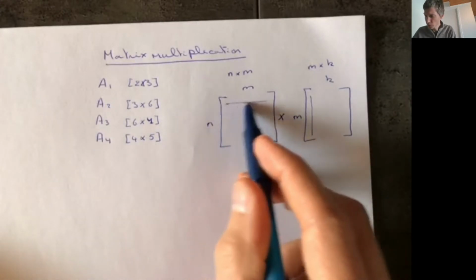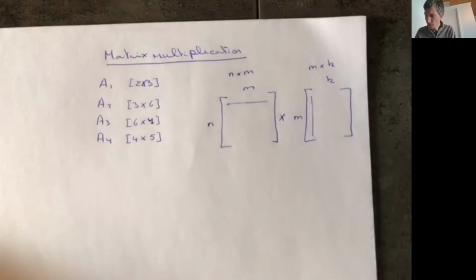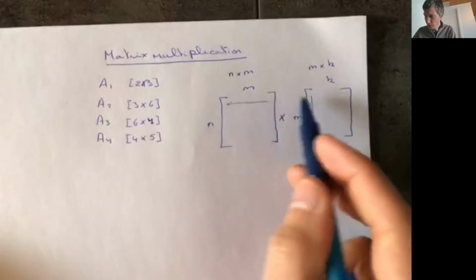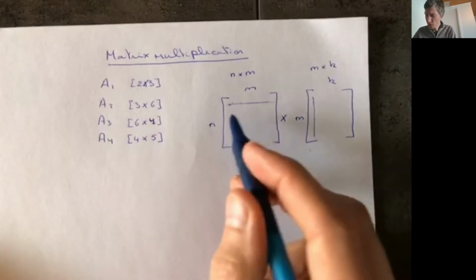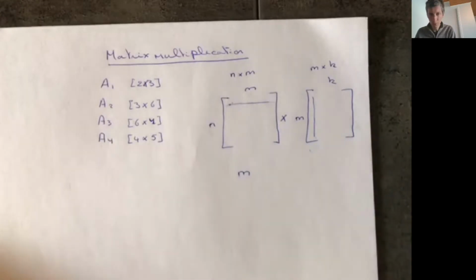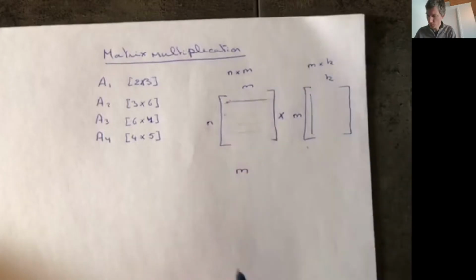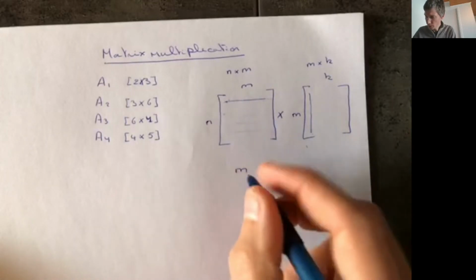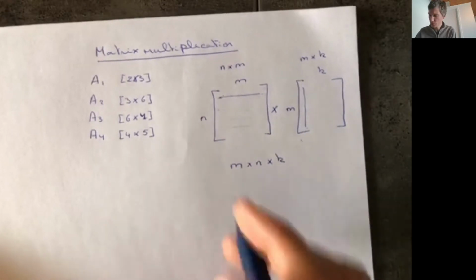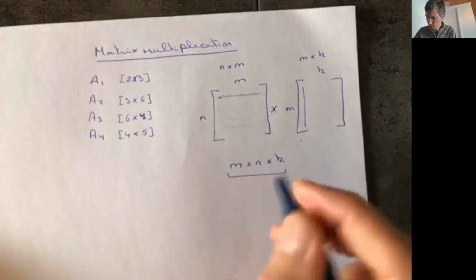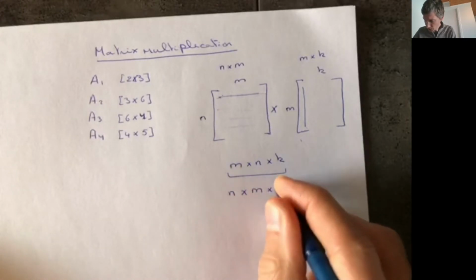Okay, so in general you have m multiplications, and then you have to add them together, and you have to do this how many times? These m multiplications, well, you have to do it for every row and for every column. So in general you have m times n times k multiplications, or maybe it's easier to write this as n times m times k.